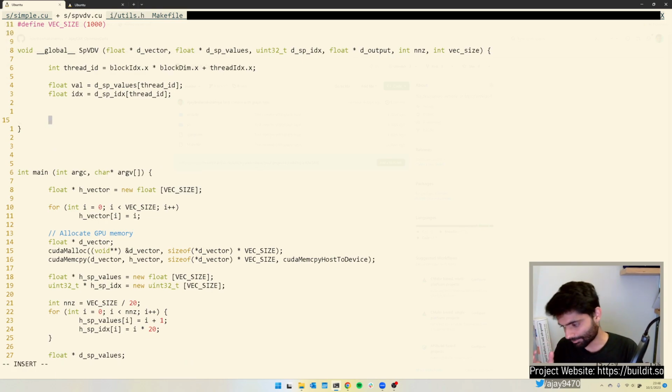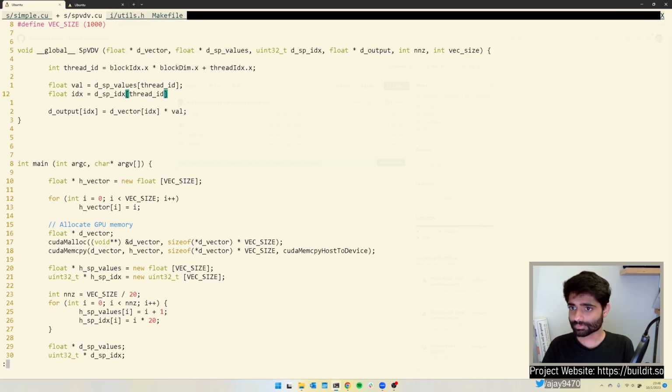Now I need to do the computation. So d_output of idx. Now I'm not using thread ID, I'm using idx, because suppose the non-zero is at location 3. I'm computing at the third location in the dense vector. So d_output of idx equals d_vector, the dense vector in this case, also at idx because it's accessing that particular element in the dense vector, multiplied by the value.